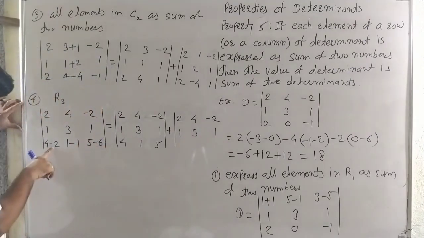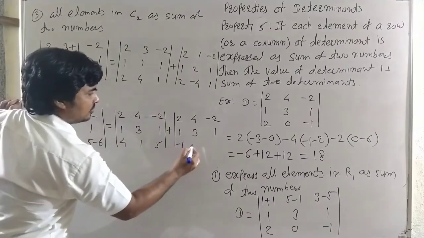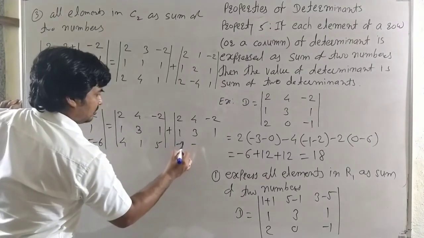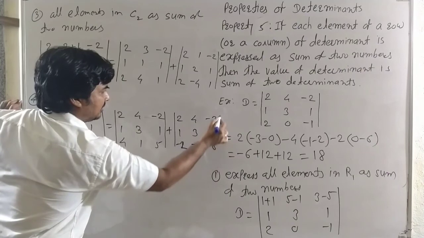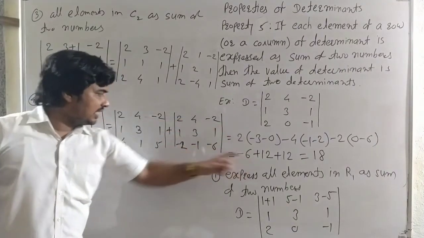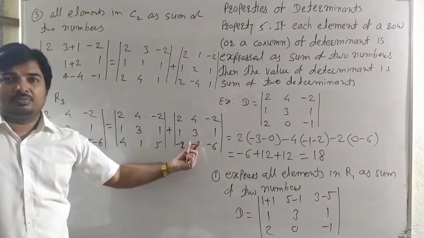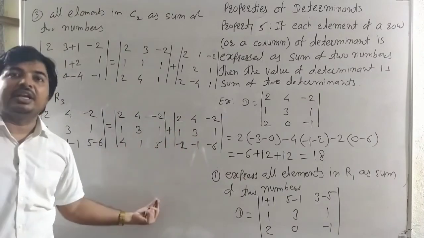In the third row there is minus 2, minus 1, and minus 6. Now the value of this determinant is 18. You can find the value of this determinant and this determinant, and adding them it is again 18.